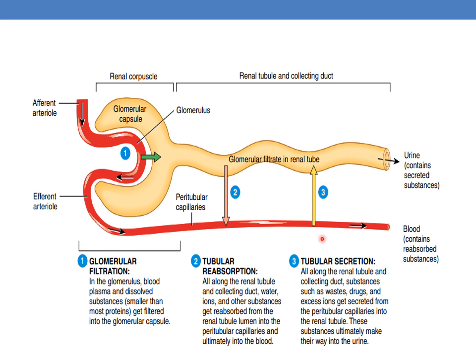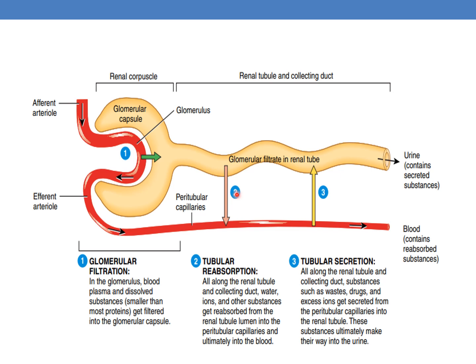This is the term tubular secretion. And these substances are ultimately excreted through urine. And this is the final passageway for urine, which contains the secreted substances. And here is the blood, which contains the reabsorbed substances.